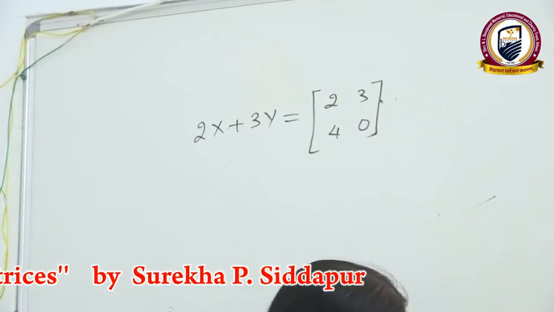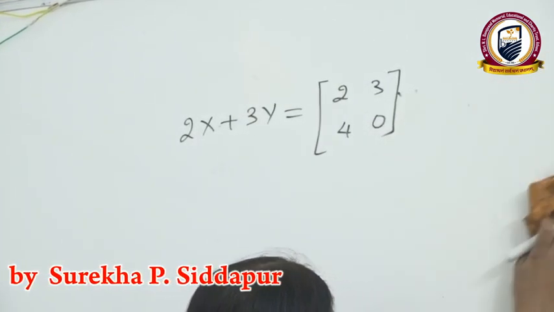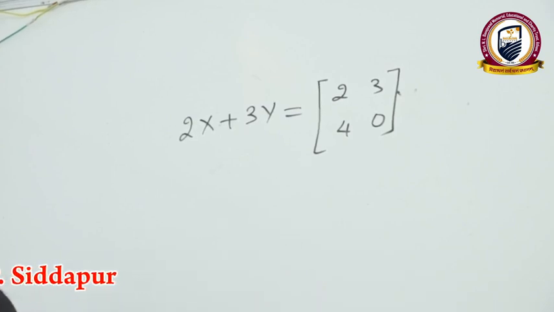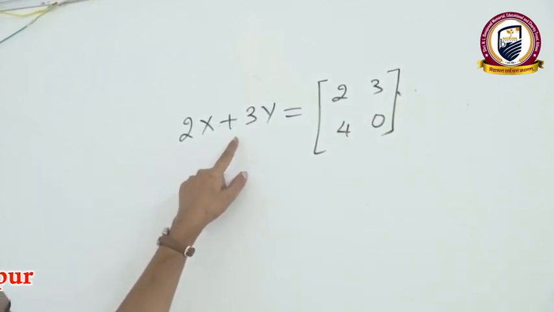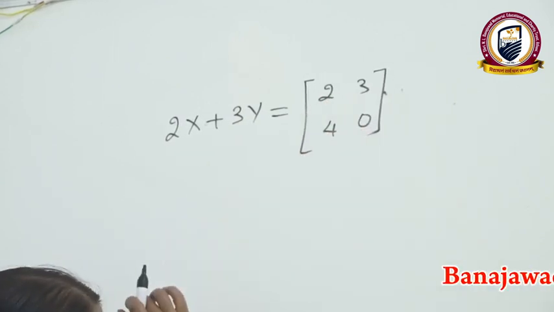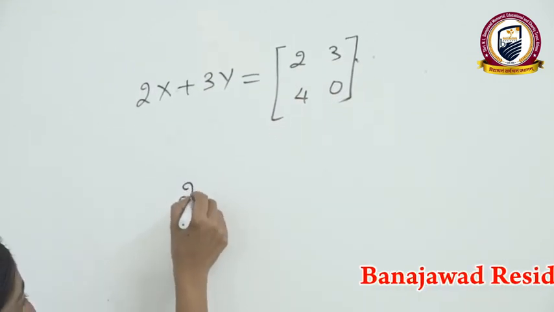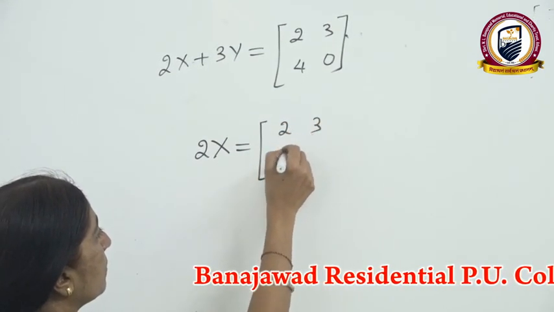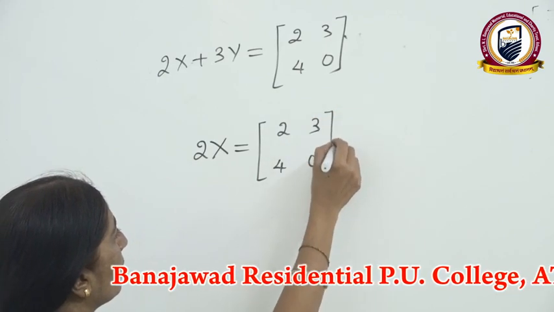Then how do you find the x value? For the x value, consider any one of the given two equations. Here I am writing the first one. 2x plus 3y is equal to this matrix. And what do we require? We require x. Keep x as it is. Write y on that side. That is minus.